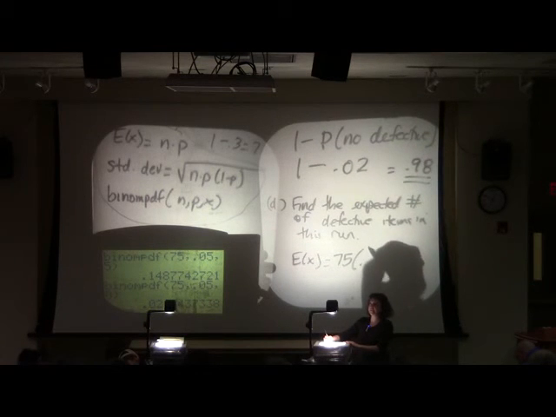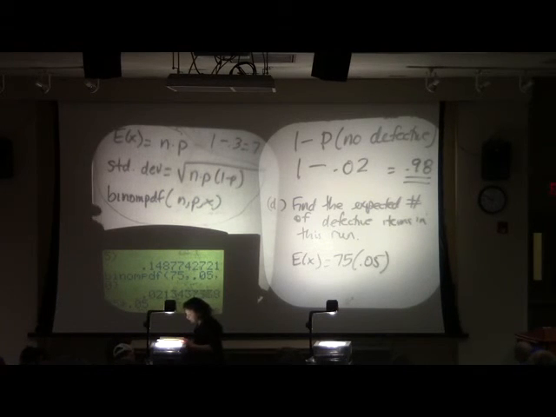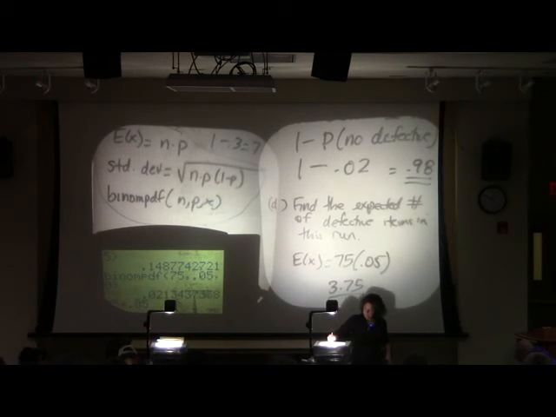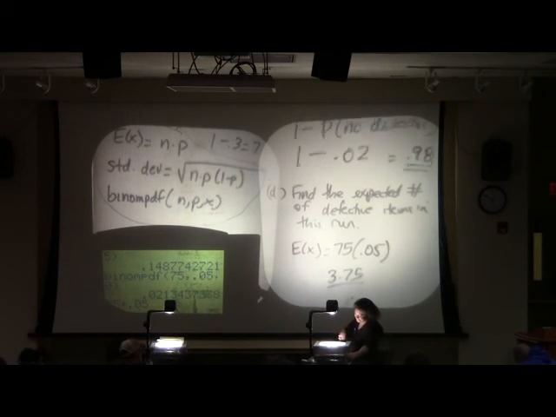What was the probability of a defective item? 0.05. Good. So, what do we get here? 75 times 0.05 is 3.75. Any questions there? Wasn't that a lot easier than making a probability distribution table with 76 columns? I think so too.